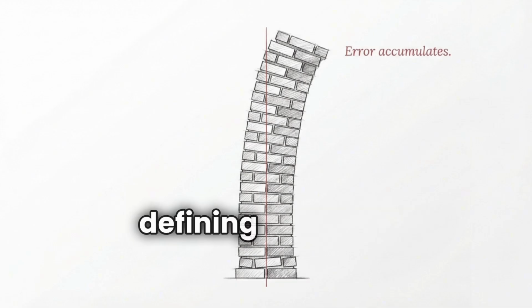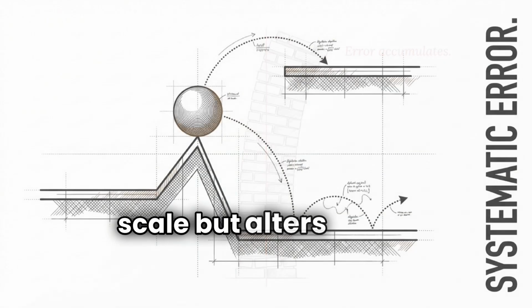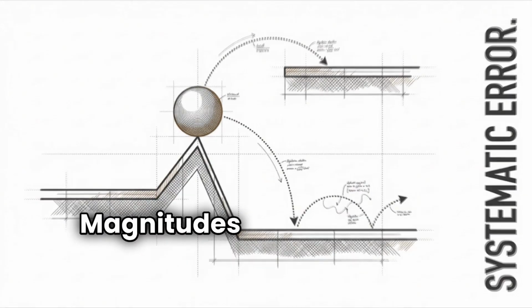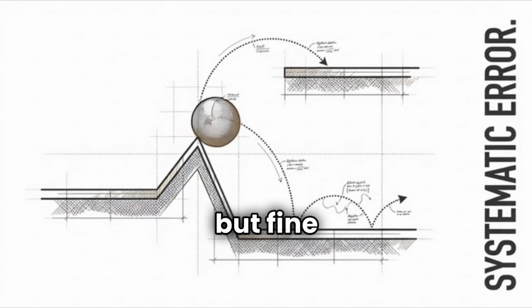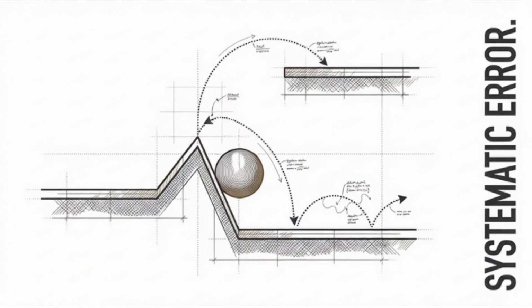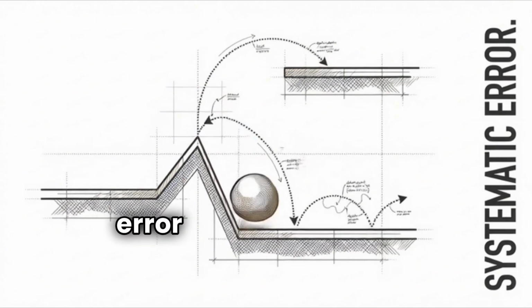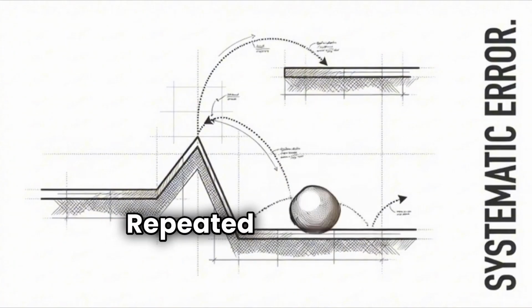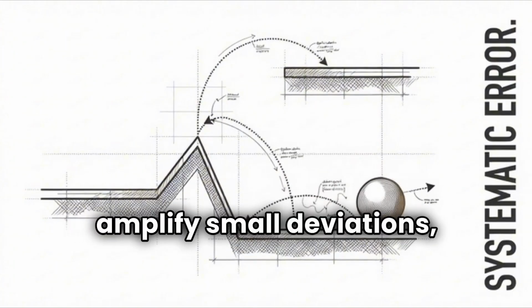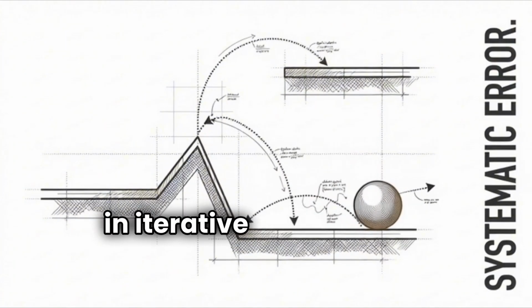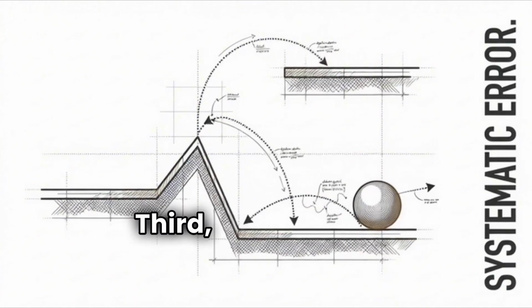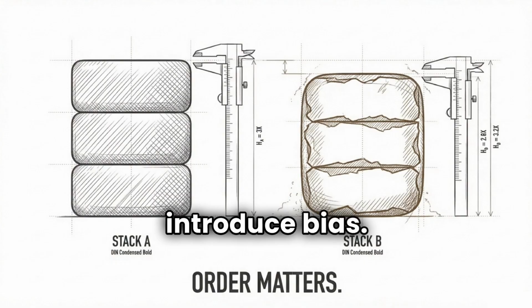Rounding has several defining features. First, it preserves scale but alters detail. Magnitudes remain similar, but fine distinctions disappear. Second, rounding error can accumulate. Repeated operations amplify small deviations, especially in iterative calculations. Third, rounding can introduce bias.